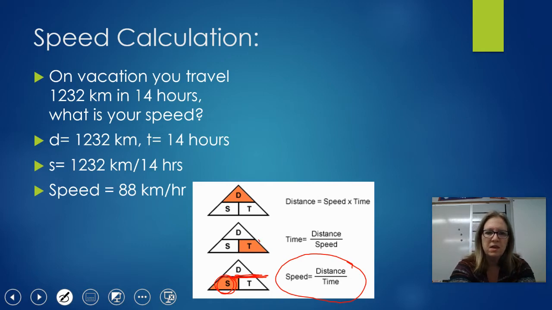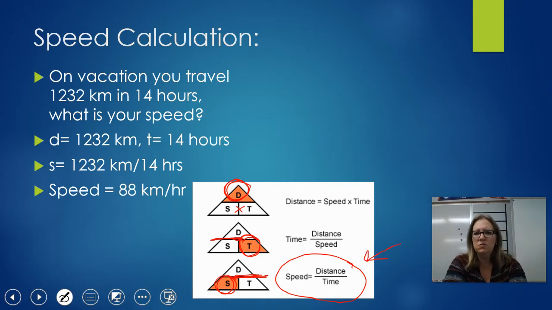If I'm missing time, I divide distance by speed, because those are my other two quantities. If I've got speed and time, but I'm looking for distance, I multiply those together, okay? So that's how that triangle works. For the most part, we're just going to be using the speed equals distance divided by time formula, okay?